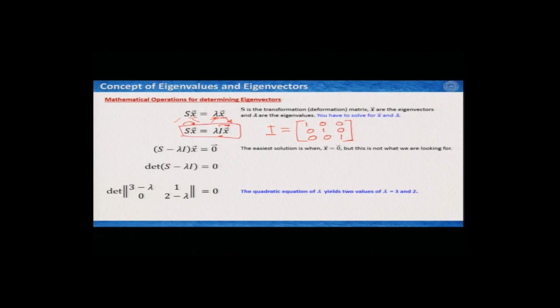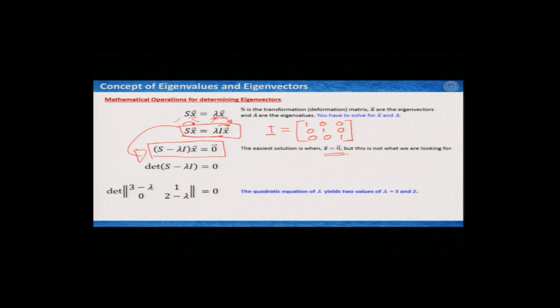Now taking over from this equation, we can write it with the terms moved to opposite sides, and the easiest solution for the x vector is when x equals 0, but that is exactly what we are not looking for.